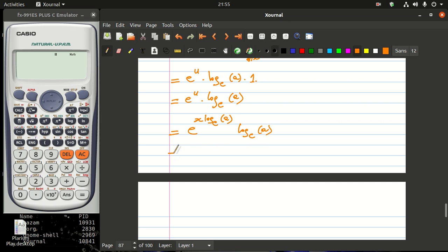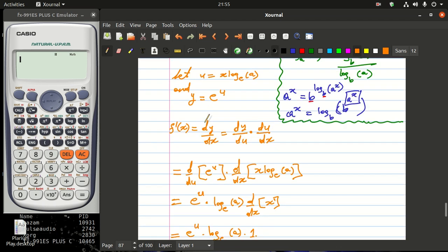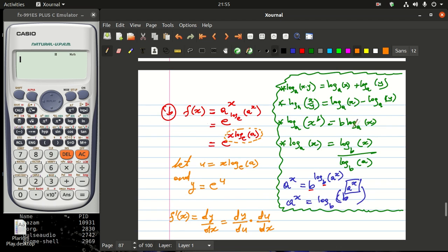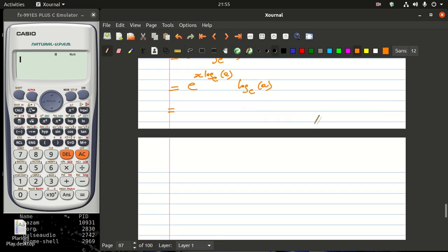And of course, if you notice here, whenever I have something in front of a logarithmic function, I can always take it and make it the exponent of what was inside to get something of this nature here. So this is going to be e raised to log e of a to the power x times log base e of a.